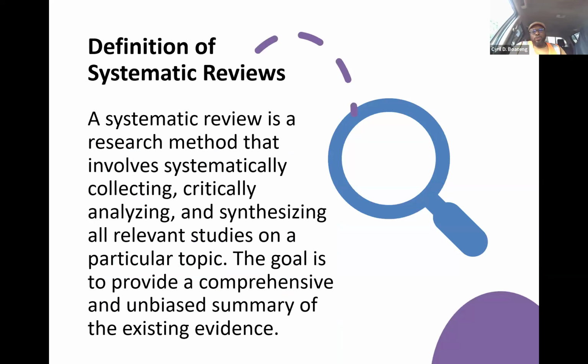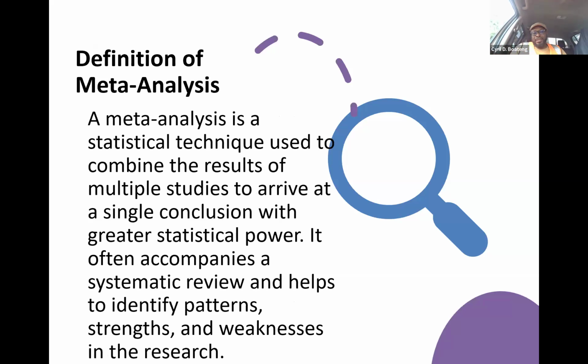So I'm sure you've gone over this several times, so I'm not going to spend a lot of time here, but you know that a systematic review is a research method that involves collecting literature, systematically analyzing, and synthesizing a topic. And the goal is to provide a comprehensive and unbiased summary of the existing literature.